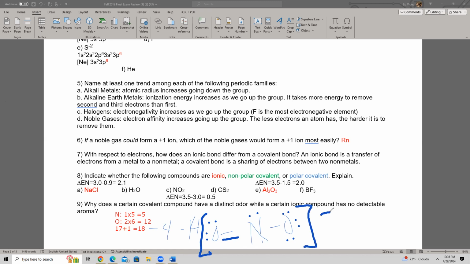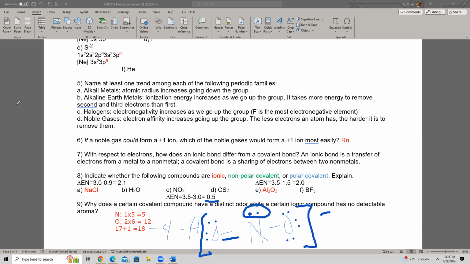But the most important part is that it has a lone pair. What we couldn't tell before, because it's so close to being a yes or a no, is that it looks like a non-polar. It could be a polar. We didn't know. But in this case, it is polar because we do have the lone pairs.